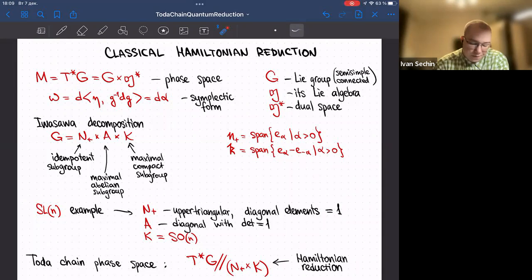Here we have a symplectic form, and we can just think that G is SL_N, and instead of these brackets, just the trace of the product of two matrices. Is it okay? I hope yes.